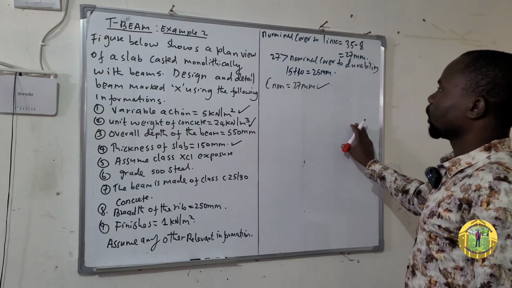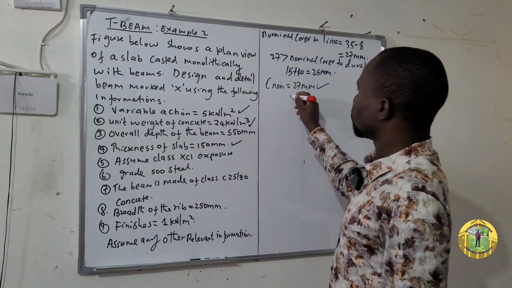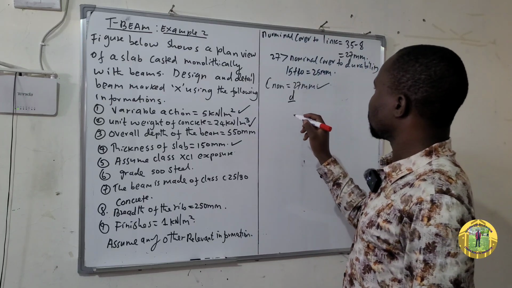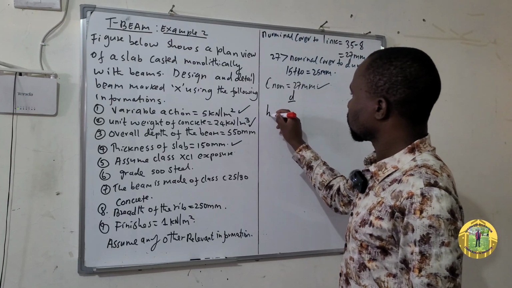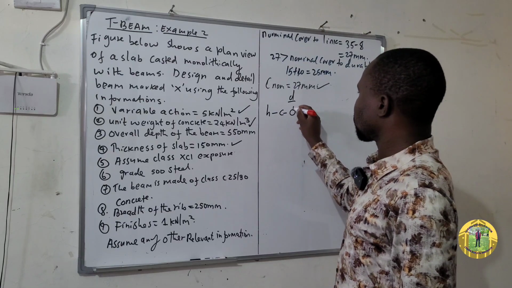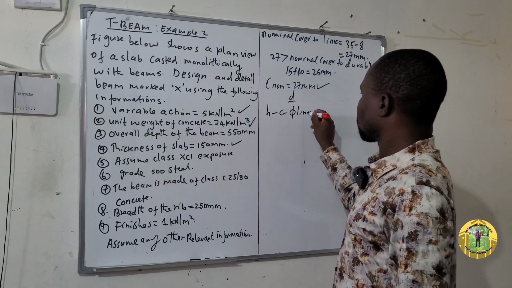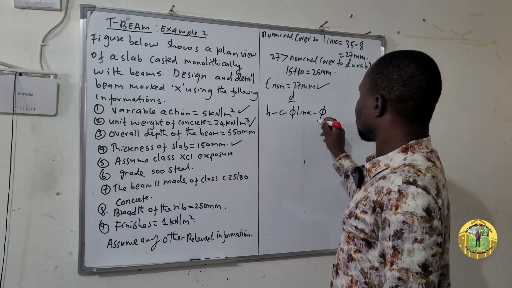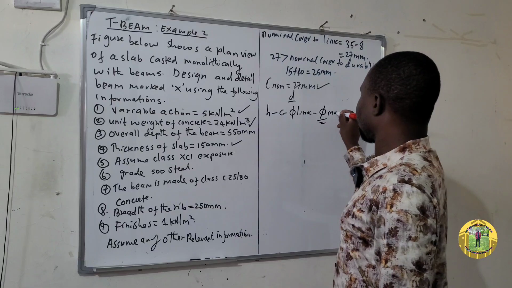Now let's calculate the effective depth, which is D. So D is given by this formula, H minus cover minus diameter of link minus a half diameter of main bar.